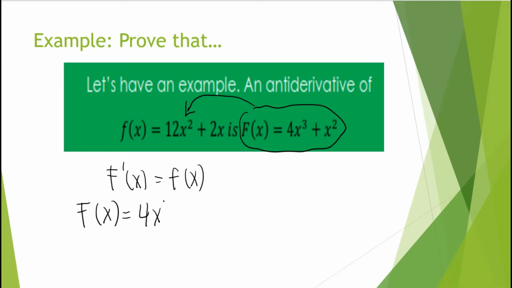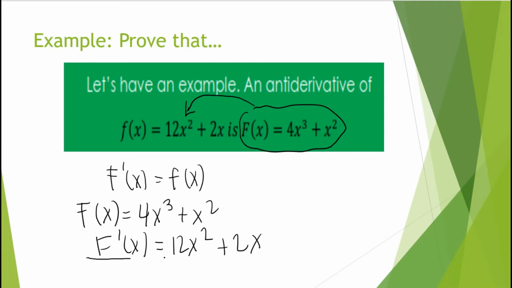So, the big F of x is equal to 4x cubed plus x squared. Taking its derivative, F prime of x is equal to 3 times 4, this is 12, x to the 3 minus 1 is 2, plus 2 times x to the 2 minus 1 is 1.